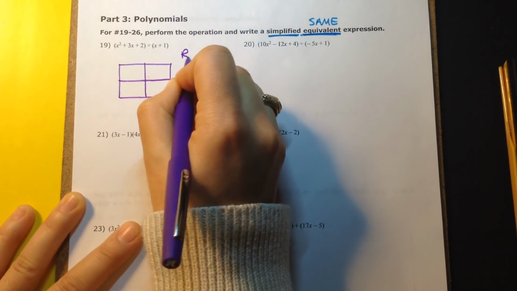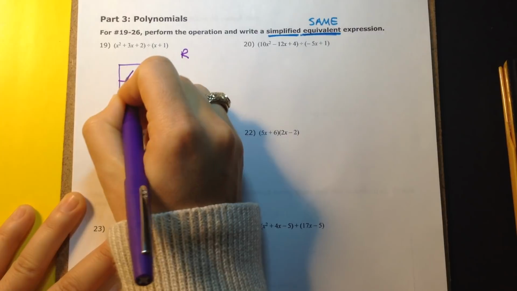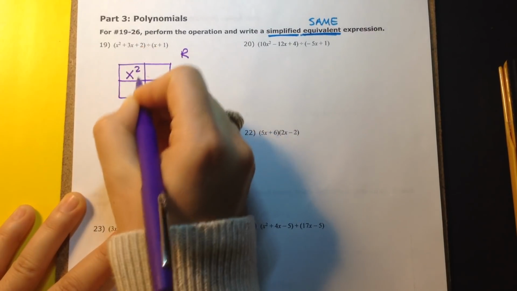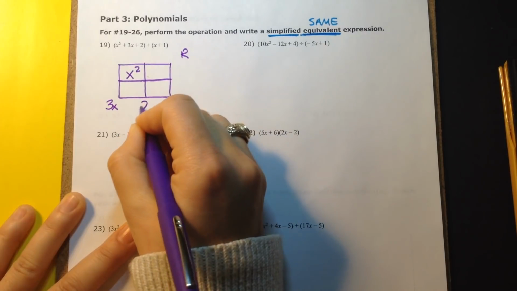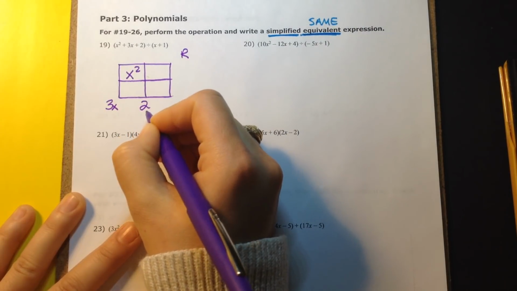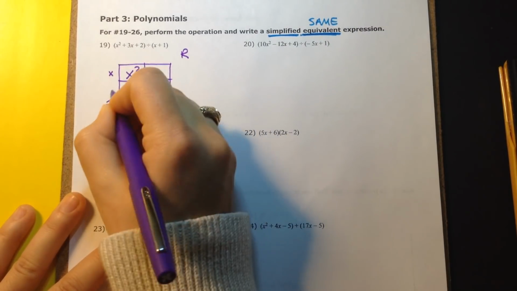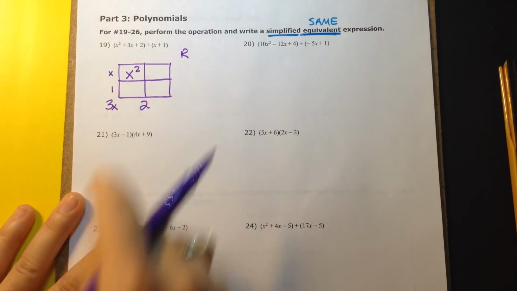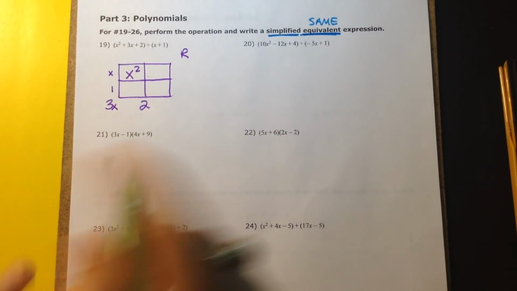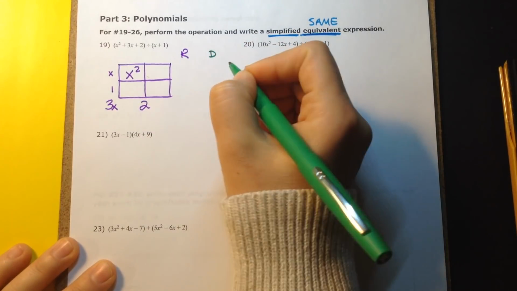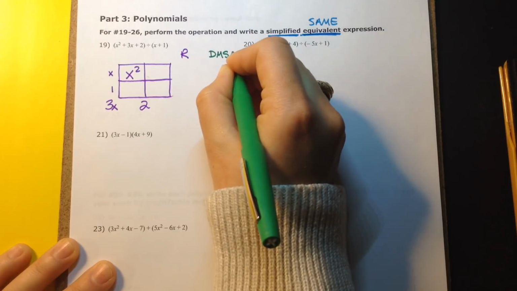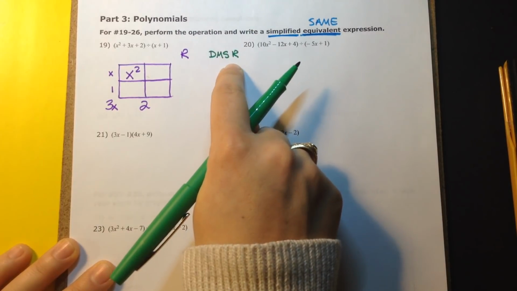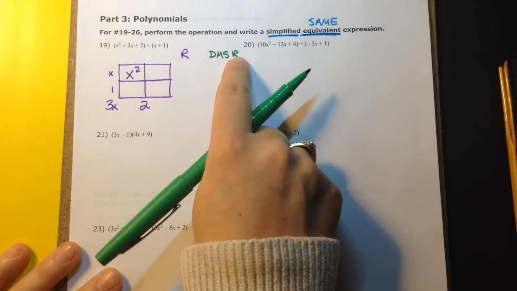We might have a remainder, and we put the first piece of the dividend in the first box, the second piece of the dividend on the diagonal, and the third piece of the dividend on the center. Your divisor, or the smaller piece, goes along the side. The steps are just like long division, so if you learn long division, the steps will look familiar. You divide, multiply, subtract, and repeat. There's no bring down step for this, but repeat.